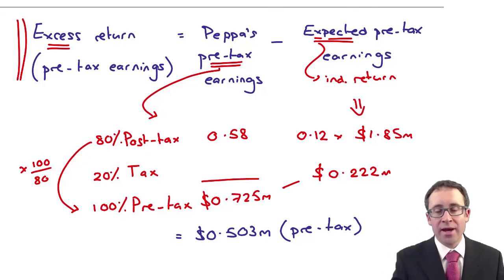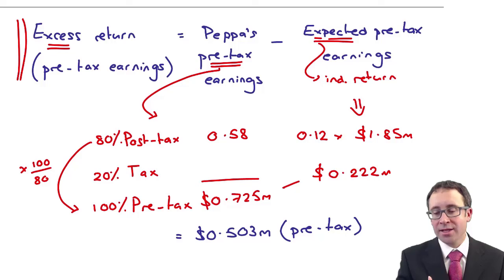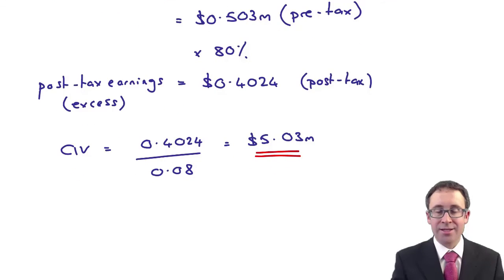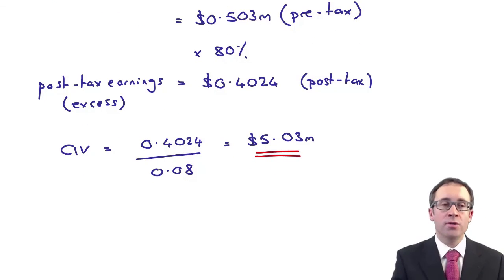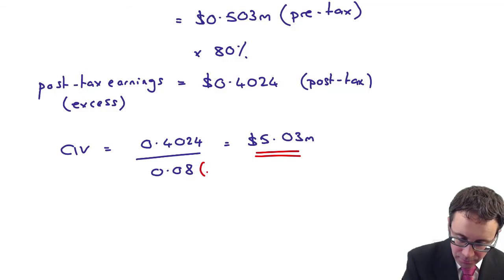Look at what you would expect to generate from your earnings using the industry average and your tangible assets. Look at the difference to give you the excess, work it out post-tax, then discount it as a perpetuity with no growth using your weighted average cost of capital.